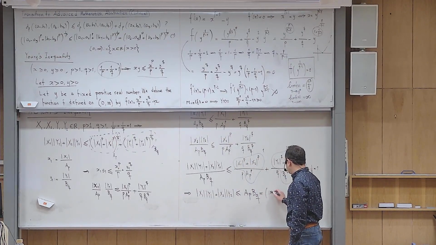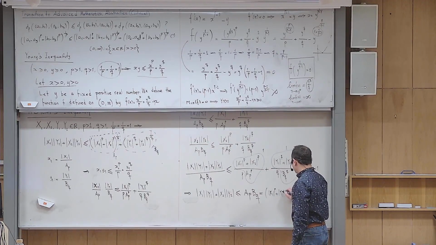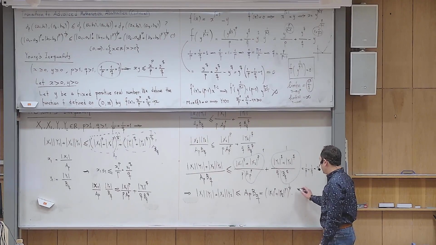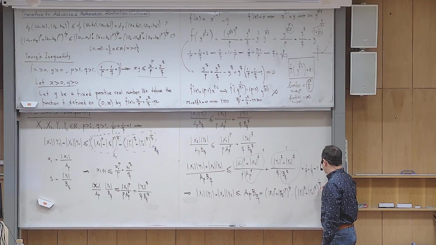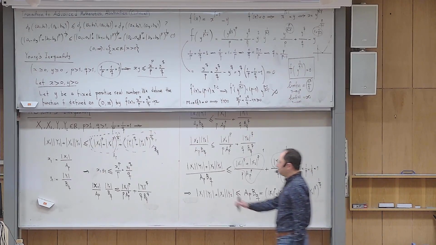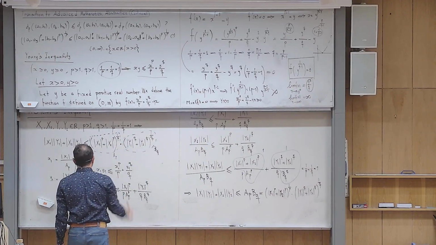It is x1 to the power of p plus x2 to the power of p, and then to the power of 1 over p, multiplied by y1 to the power of q plus y2 to the power of q, to the power of 1 over q. Yes. So sorry for that. I was using my memory, so this is it.